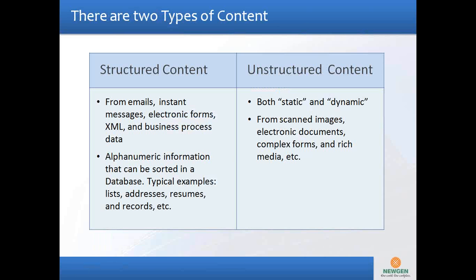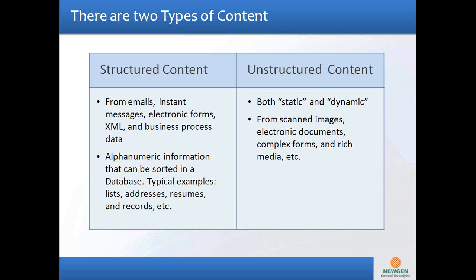So let's also look at one more important distinction about content, which is classifying content in terms of structured content and unstructured content. So typically information is unstructured. Unstructured information can be documents and other form of data that are not easily stored and managed in a structured database. Further, unstructured content can again be classified as static content and dynamic content.